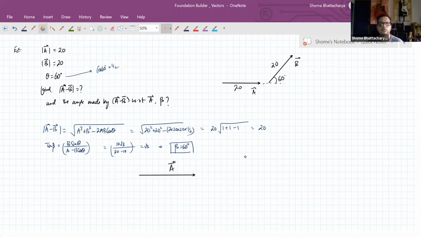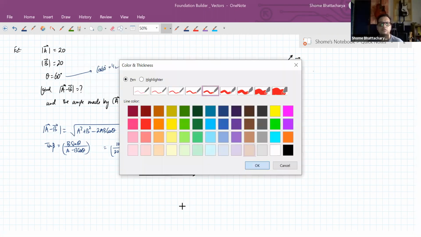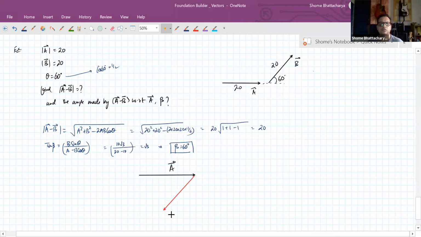This will be the vector minus b. It will also have a magnitude of 20, like b has a magnitude of 20. But what will happen is that this angle was 60, so now the angle that minus b is making will become 120.